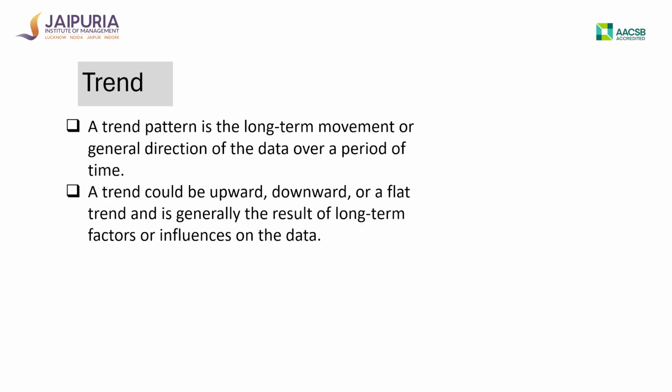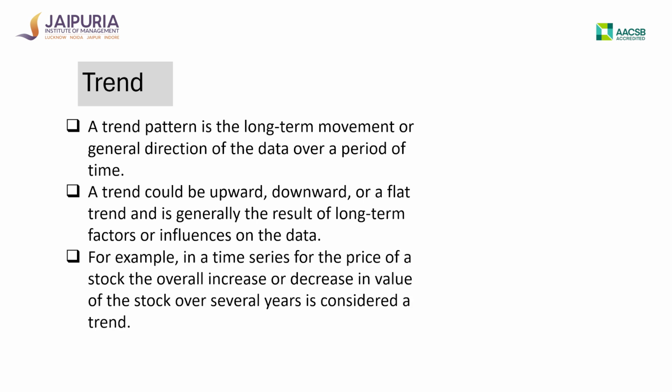A trend could be upward, downward, or flat, and is generally the result of long-term factors or influence on the data. For example, in a time series for the price of a stock, the overall increase or decrease in value of the stock over several years is considered a trend.